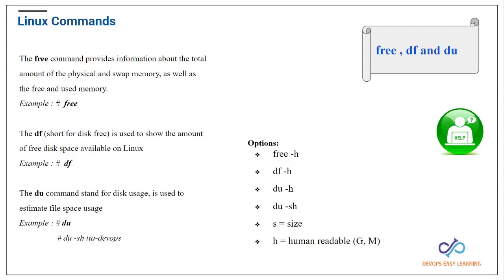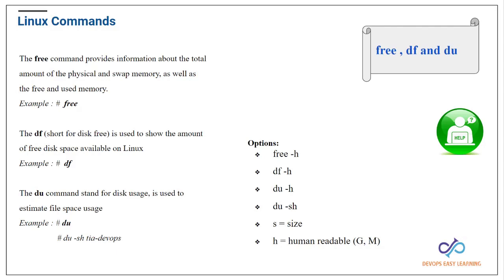And with disk usage, I like to use -sh, which is going to give me the size also in gigabytes and megabytes. The s stands for size and the h stands for human readable.